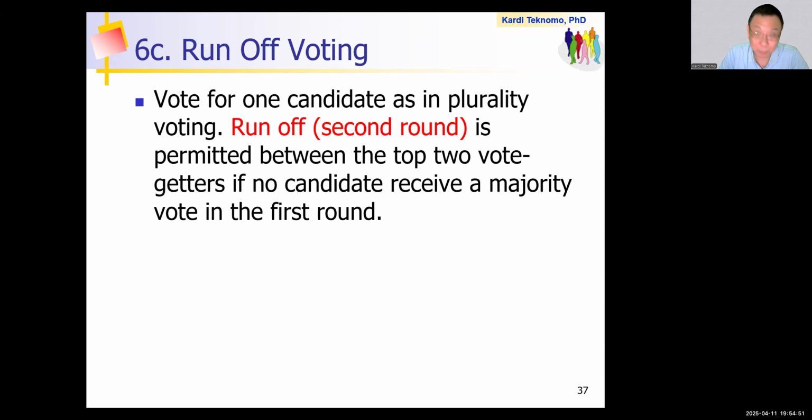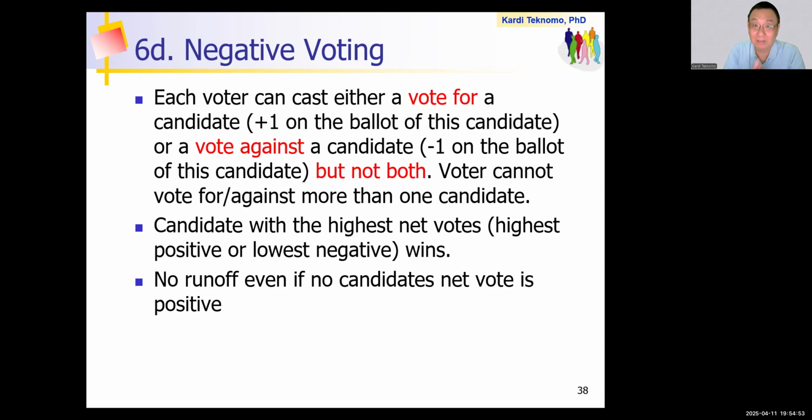So the next one is called negative voting. In this case, each voter can cast either a vote for a candidate, so +1, or a vote against. So this is not 1 and 0, or binary, but 1 and -1, but not both. Now, this is more interesting.